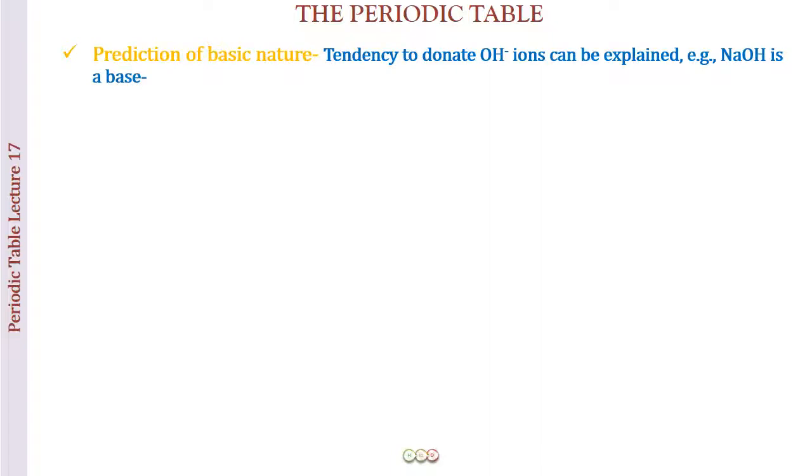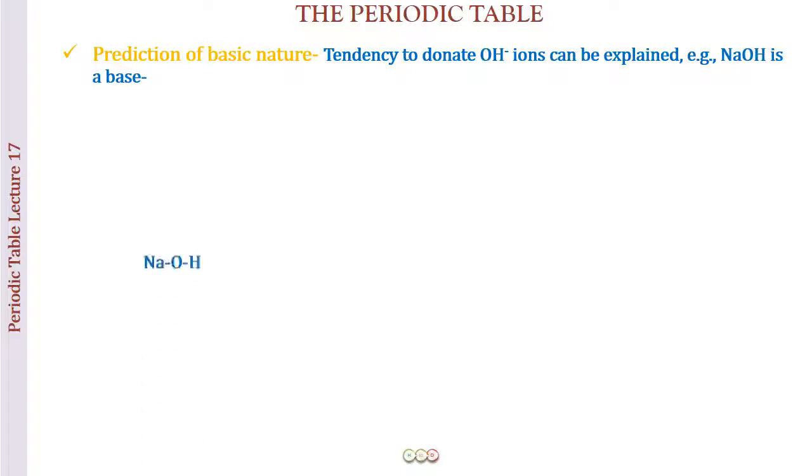So the next application of electronegativity will be for the prediction of the basic nature. What is a base? Well, that is the one which furnishes OH ions in the aqueous solution. Again, the tendency to donate OH ions we will explain on the basis of electronegativity difference, where you have to remember that the bond that is going to break in the molecule will be the one where the electronegativity difference is more.